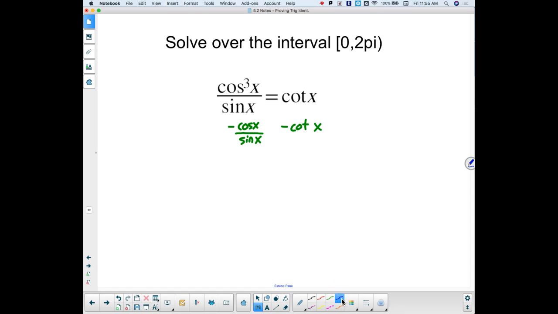So that gives me cosine cubed of x over sine of x minus cosine of x sine of x equals 0. With me? Yeah.